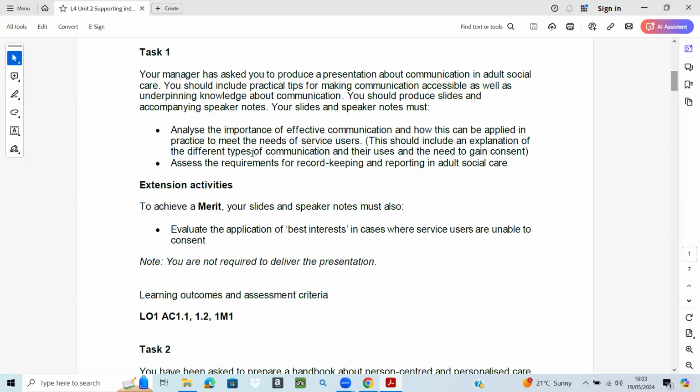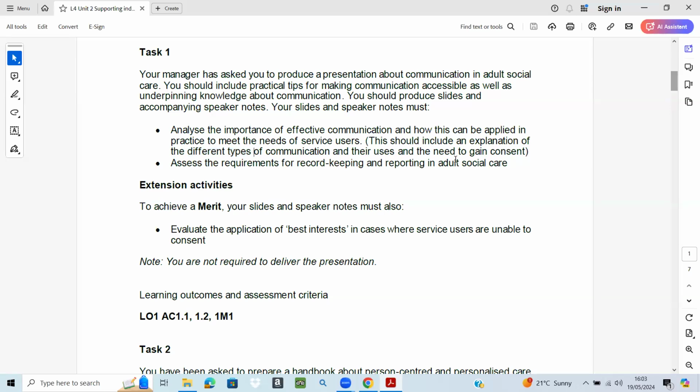It says different types, so it should be more than one. If we only say verbal communication, it's only one type, so that won't fulfill the criteria properly. So we need to discuss different types. It could involve verbal, non-verbal, written, some electronic communication, different aspects we can discuss here. So make sure that there are different types, more than one.